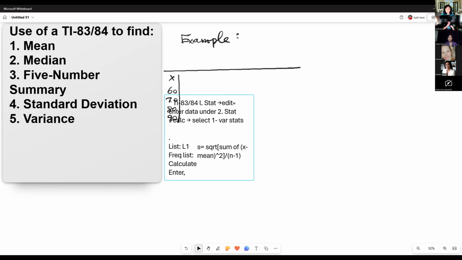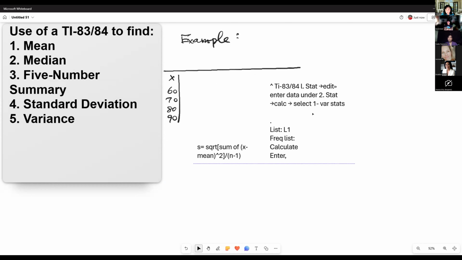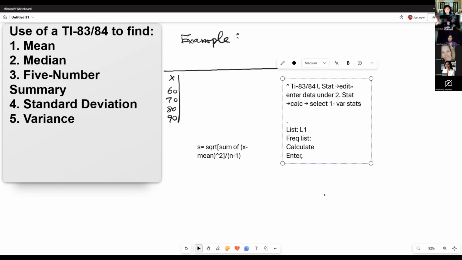This is the data I assume we have here. This is the instruction how you do it on the TI-83/84. Very simple steps you need to follow only, if you have a TI-83/84.